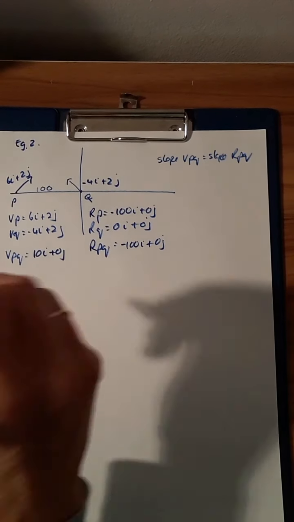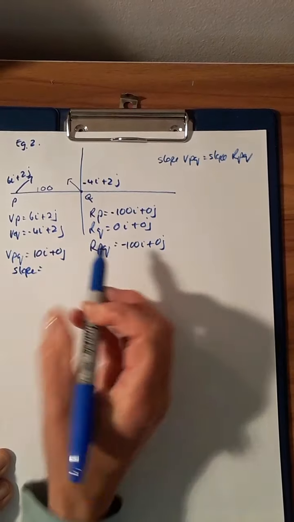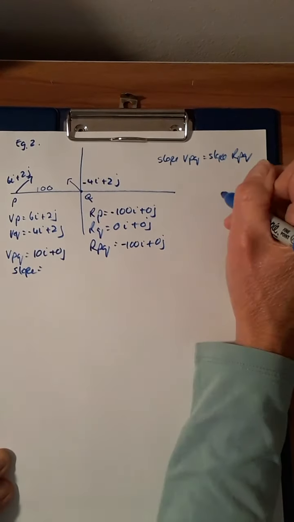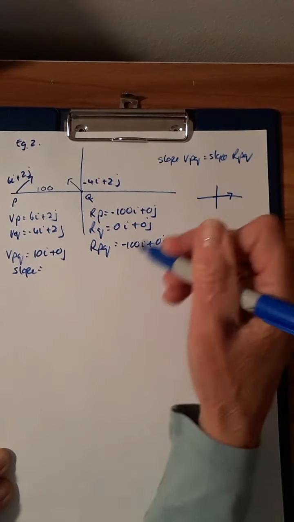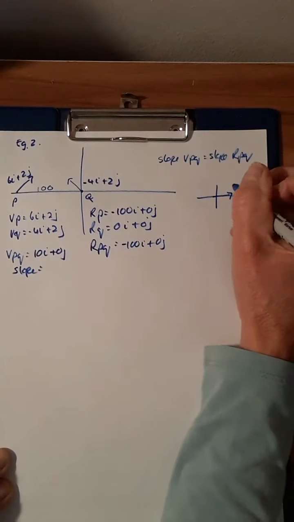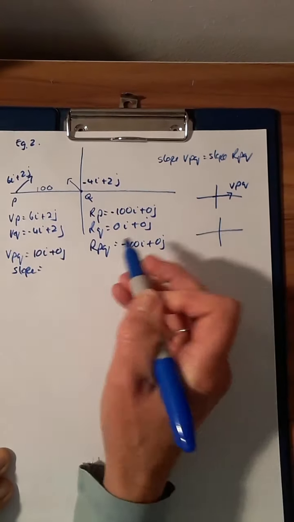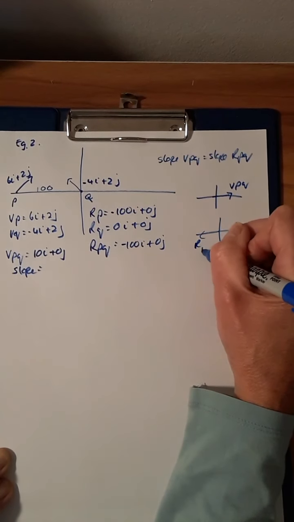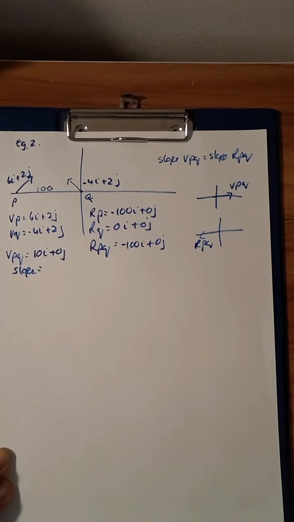Okay, so what is the slope then? Remember 10i plus 0j would just be along the i-axis like this. This is my VPQ vector. And where's the RPQ vector? It's in that direction. So we can see that they're both on the i-axis, so obviously they're parallel and their slopes will be the same.